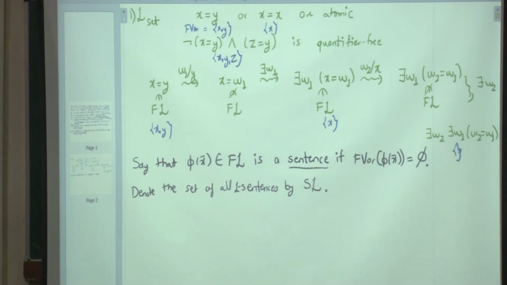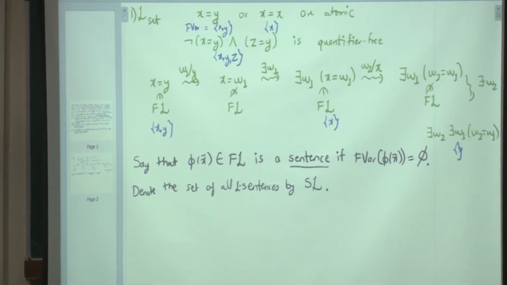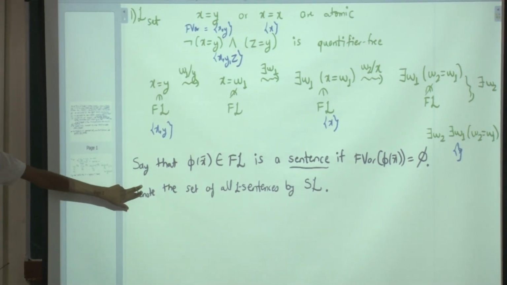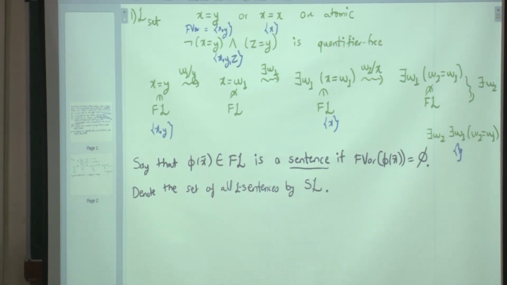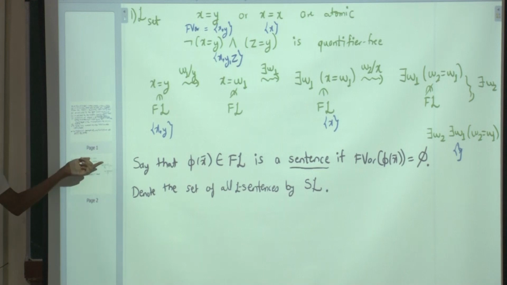So zero-ary relation symbols that do not use any free variables at all. So therefore they do not use any quantifiers. The set of free variables in them is empty. So that's why we use the same symbol there, SL. Any questions about this?